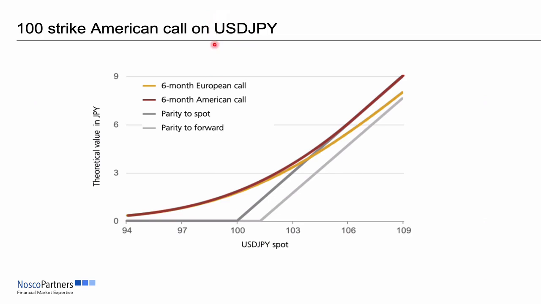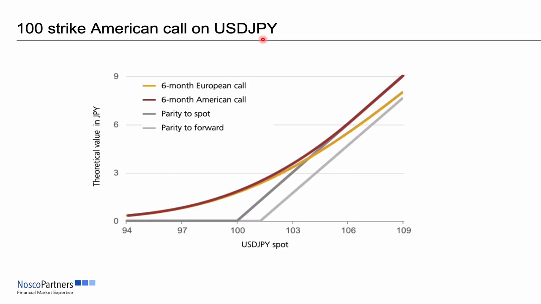Is it good to be long US dollars? Yes. Why? Because the US dollar interest rates are higher than the yen interest rates. Let me say this again. If you exercise the 100 strike American call, then you go long dollars and you go short yen. That means you earn dollar interest rates and you pay yen interest rates.